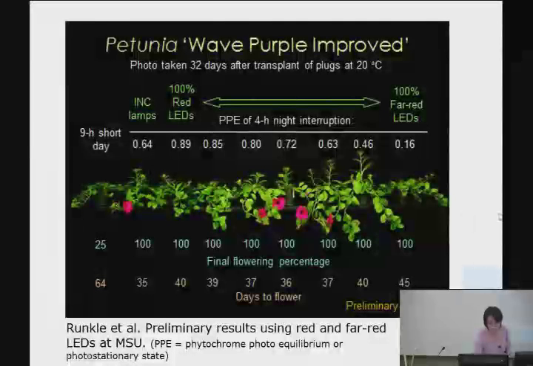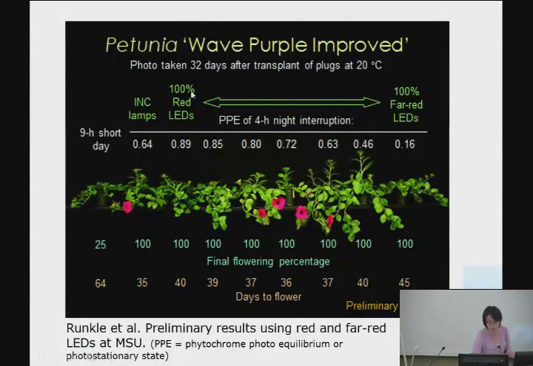So this is again petunia. This is Erik Runkle's slide from Michigan State. On the far right, we have 100% far red LEDs, in this column 100% red LED treatments, then the incandescent control, and this is the short day negative control. The positive control is a conventional system, therefore it flowers, and it shows a certain range.